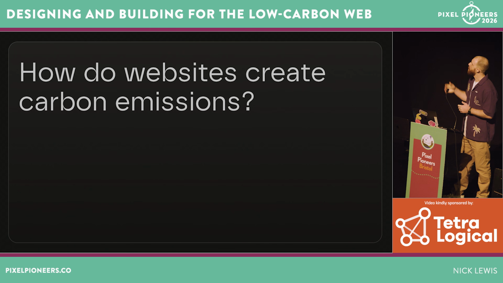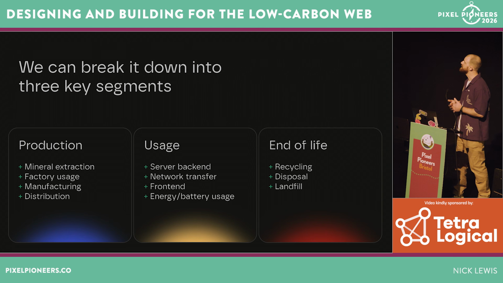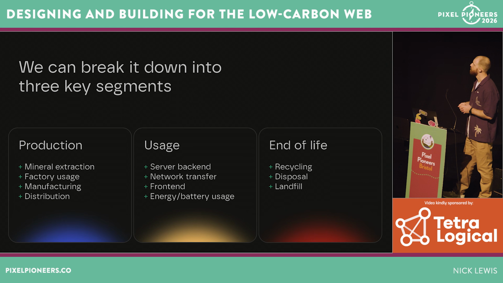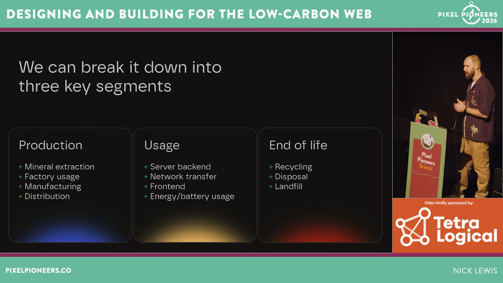So how do the websites and the internet actually create carbon emissions? We can break it down into 3 key segments. We've got the production, and that's production of assets, hardware, the servers, the factories that these things sit in, the manufacturing of those things, and the distribution around the world.